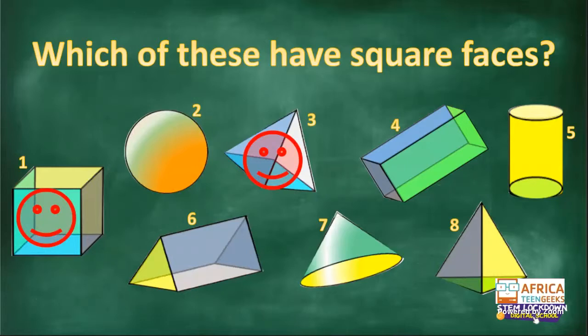Why can't we say number 4? Why can't we say number 4? Who has an answer for me? Why can't I say number 4 has a square face? There we go. Praise, it's because it would tell us if it's a square.